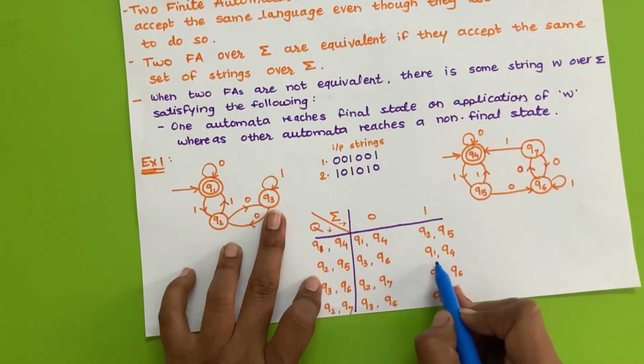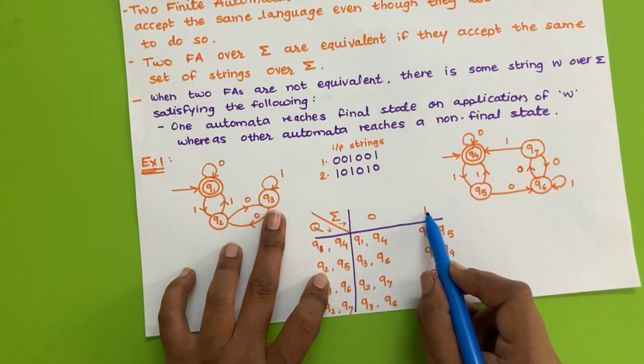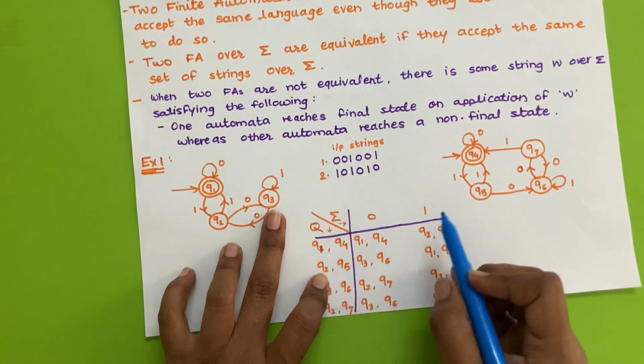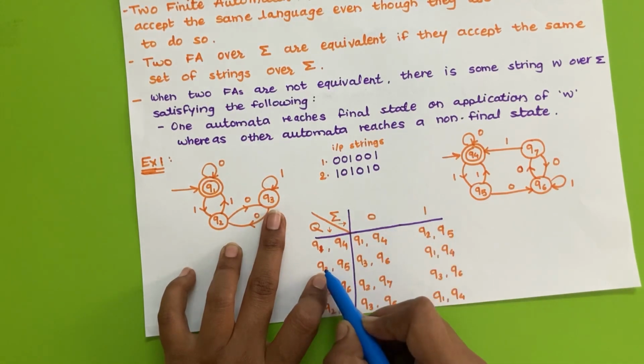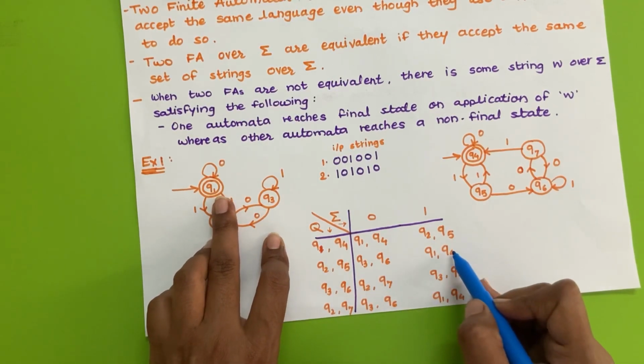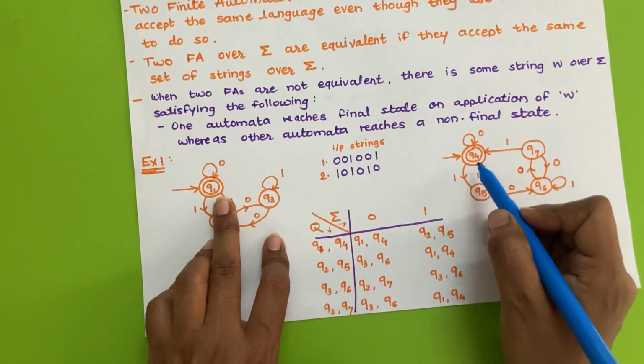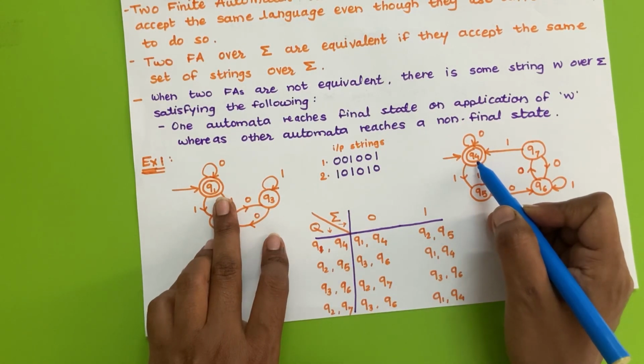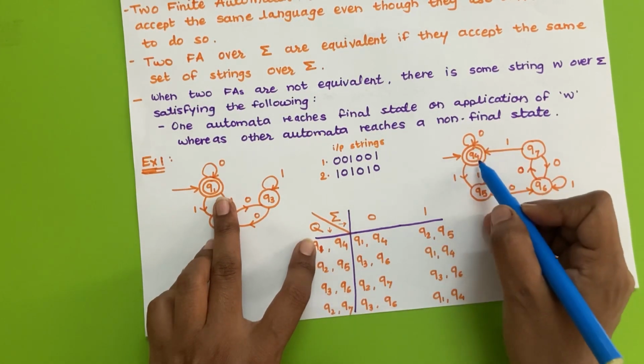The same is the case with input 1. If we supply 1 input to state q2, it will go to state q1, which is a final state, and here it is the same case: we go to state q4, which is again a final state.